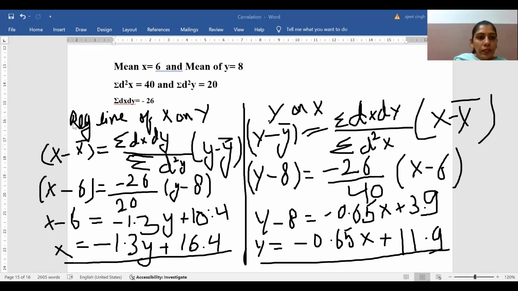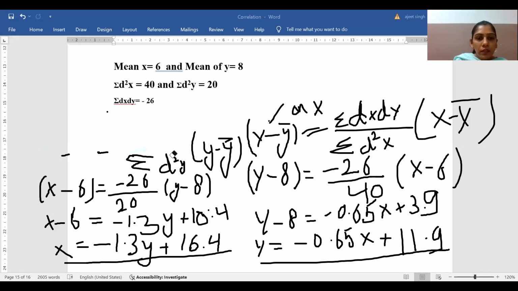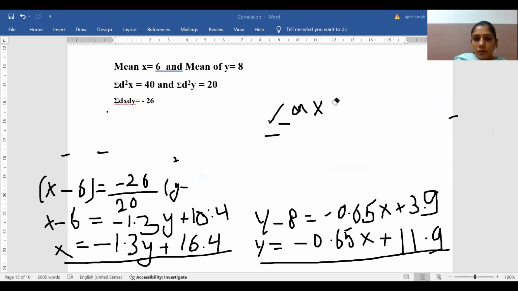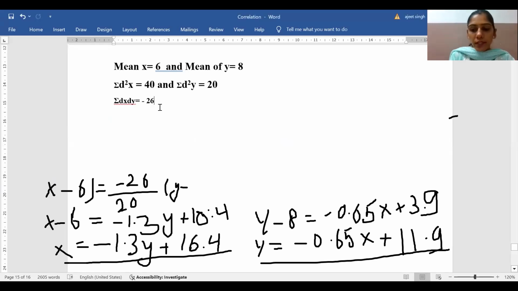So let me write these equations for better understanding.